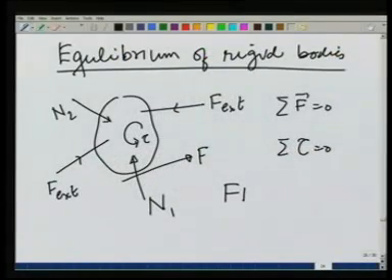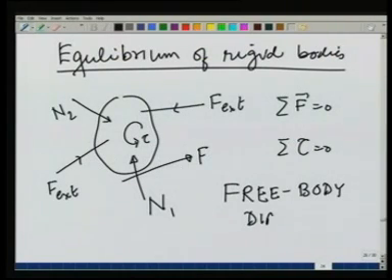Such a diagram where the elements which are holding the system, we isolate the system and replace those elements holding the system by the normal reactions of those elements or the torques provided by those elements is known as free body diagram.